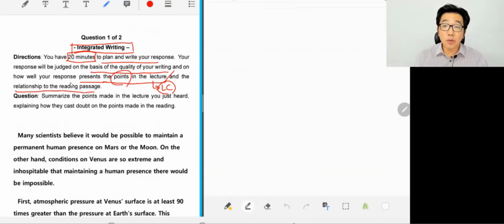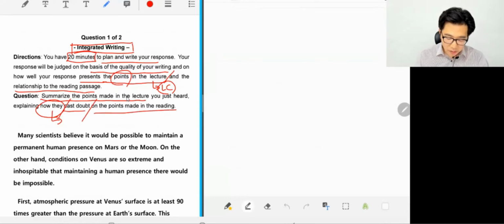That's what we need to do. So the question repeats this once more and emphasizes it. Summarize the points made in the lecture, meaning summarize the points made in the listening you just heard. Explain how those points in the listening cast doubt on the points made in the reading.